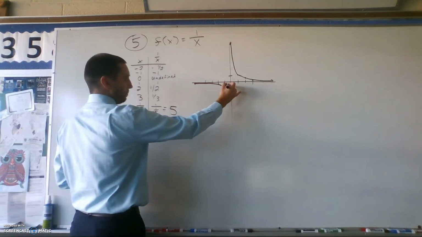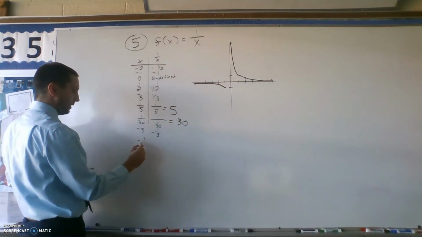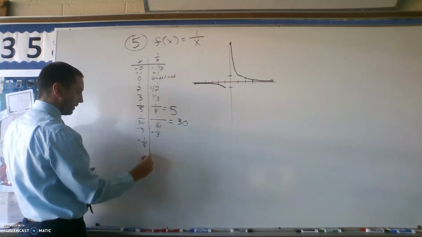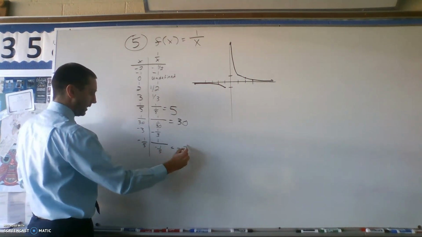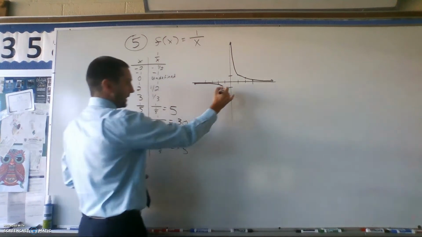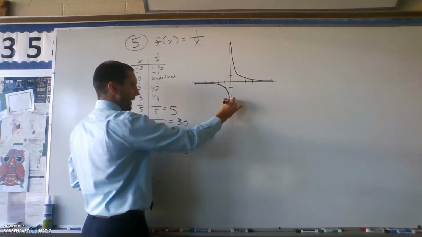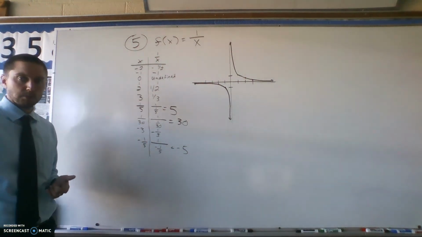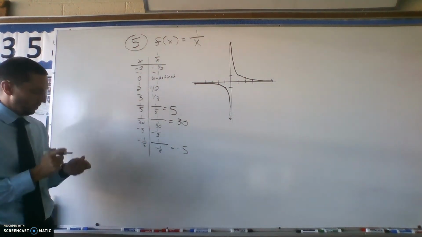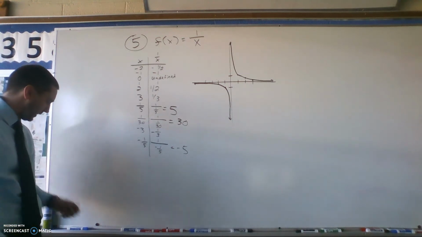Same idea, if I plug in some fractions, like -1/5, my output is going to be 1 over -1/5, which is equal to -5. So as I get closer and closer to the y-axis, this part of the graph is going down. Okay, so that's kind of what my graph looks like.